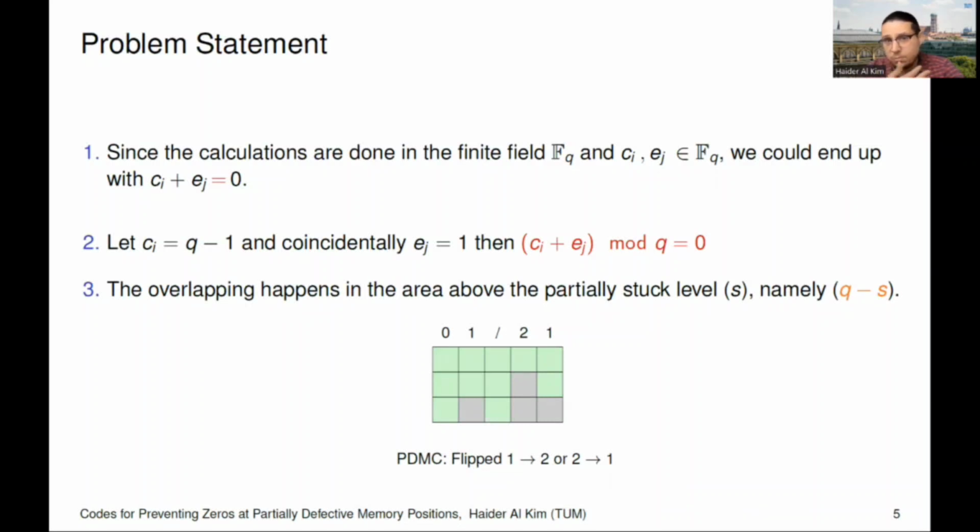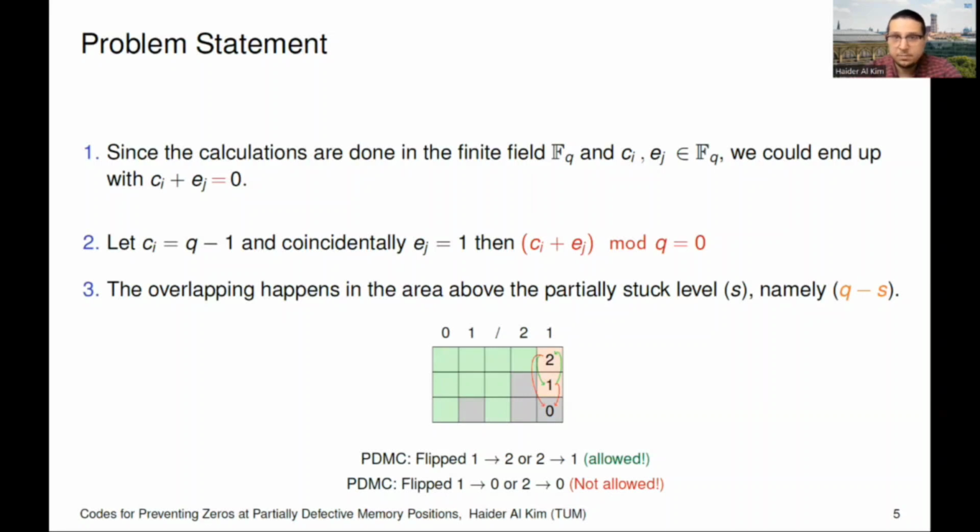We call the stuck or partial defect level s, namely q minus s, as you can see in the orange here. Flipping from 1 to 2 or 2 to 1 is allowed because we are not going to the erasing status of this memory, we just increase the level. But flipping from 1 to 0 or 2 to 0 is not allowed, and this happens here by the influence of the error vector e at position j, with j equal to i.